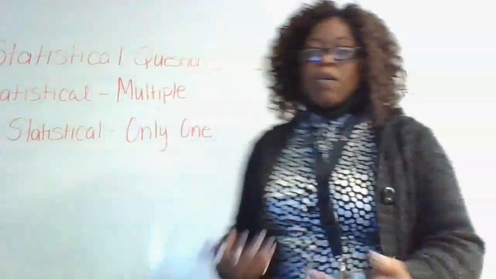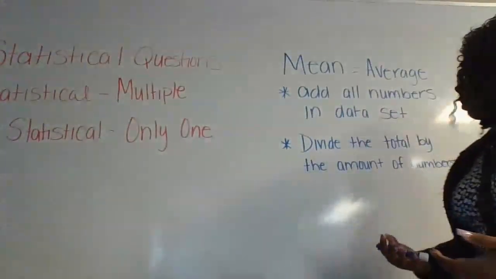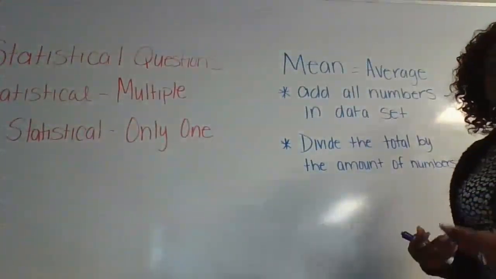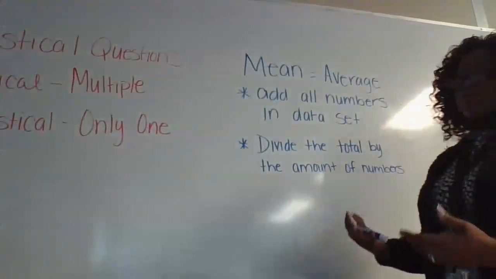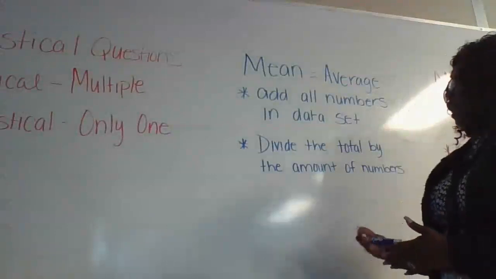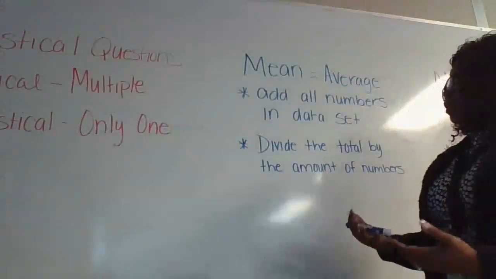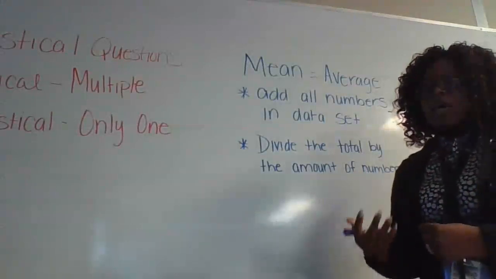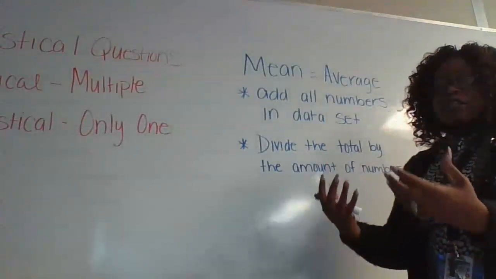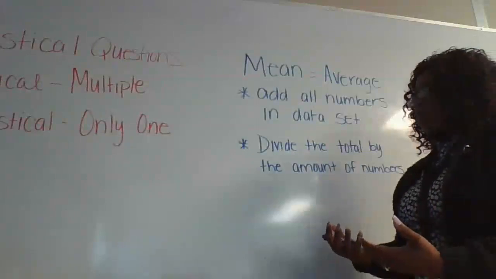So every now and then you're going to hear it or read it, and the question may say, what is the mean? The question may say, what is the average? We find out that in order for us to find the mean and or the average, we basically just take all of the numbers in the data set. What is a data set? Well, that is the numbers that you are given to work your problem.